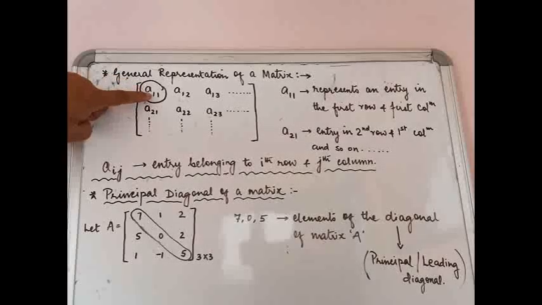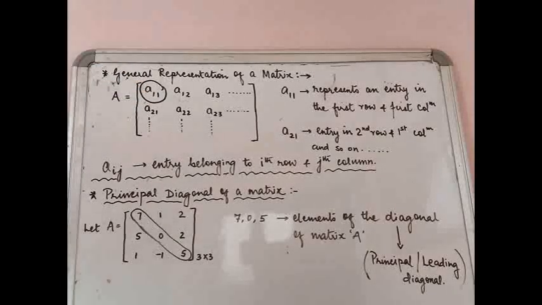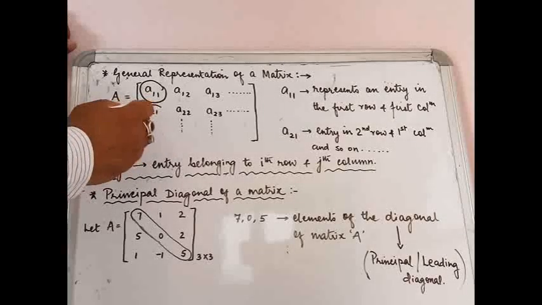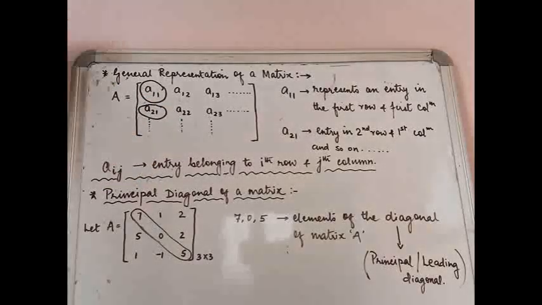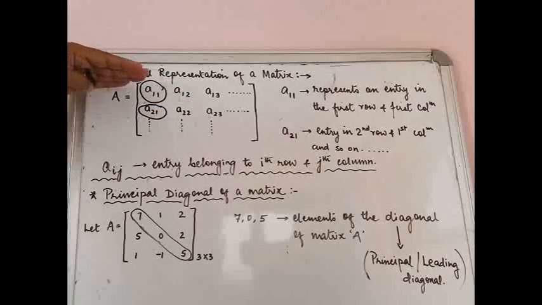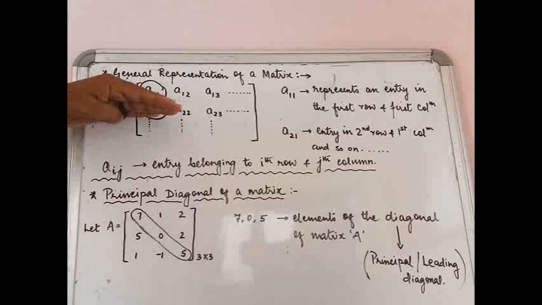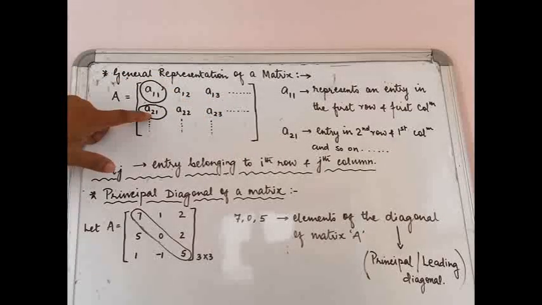So this 1, 1 represents the entry in the first row and the first column. Similarly, when we talk about this particular entry, this 2 represents the second row. As you can see here, this was the first row and this is the second row. This 2 denotes the row in which this entry is present.